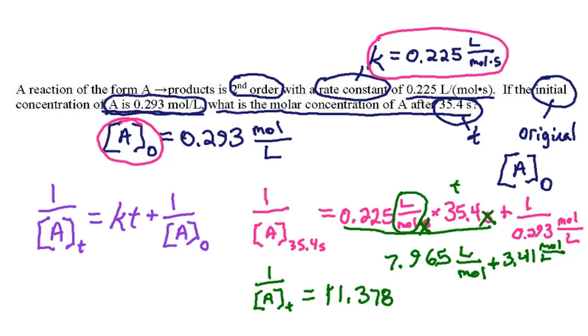Now, how are we going to turn this 1 over the concentration of A equals 11.378 into just the concentration of A? So what we want to do is multiply both sides by the concentration of A at time T. These cancel each other out, and now we want to divide both sides by the 11.378. So really we're just swapping places with them.